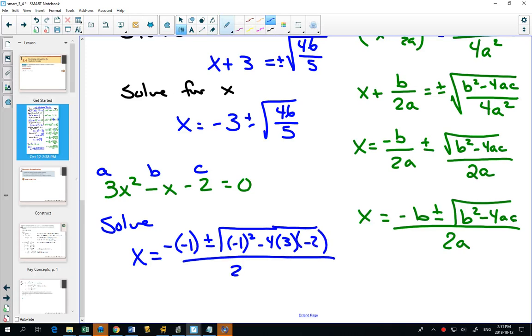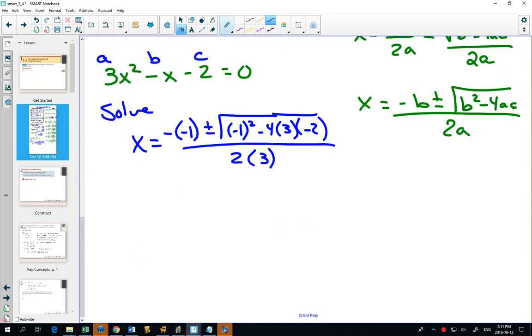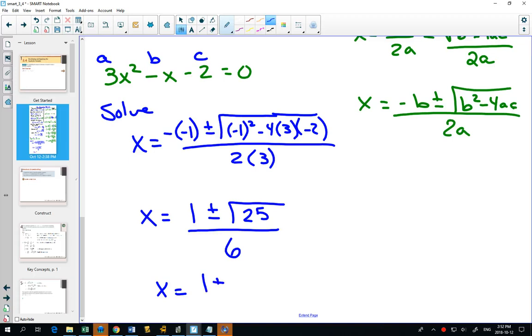Over 2 times a. Okay? If I simplify this, I get x equals 1 plus or minus the square root of 1 plus 24, which is 25, over 6. What's the square root of 25? 5. So x equals 1 plus or minus 5 over 6.